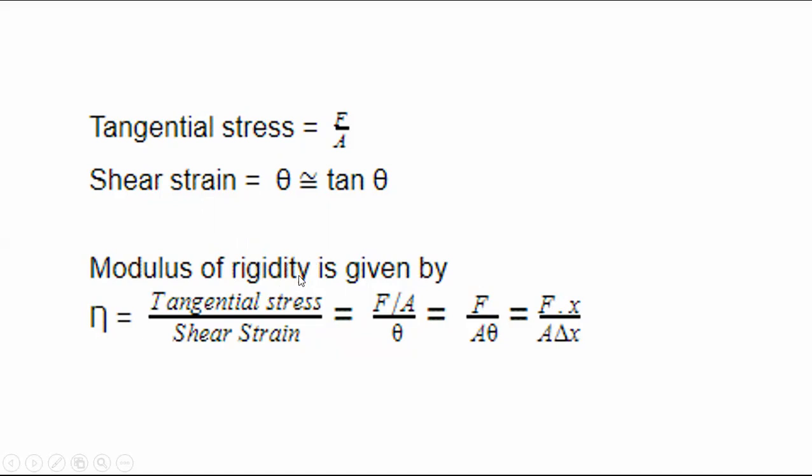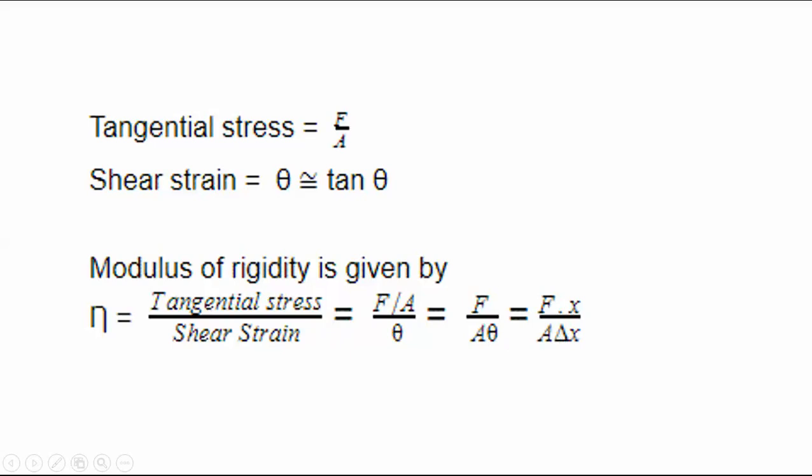Now, modulus of rigidity. What is modulus of rigidity? It is related to this shear. Tangential stress upon tangential strain, or tangential stress strain is also called shear strain. That is, I can say shear stress divided by shear strain, or tangential stress divided by tangential strain. It will be F by A divided by theta.